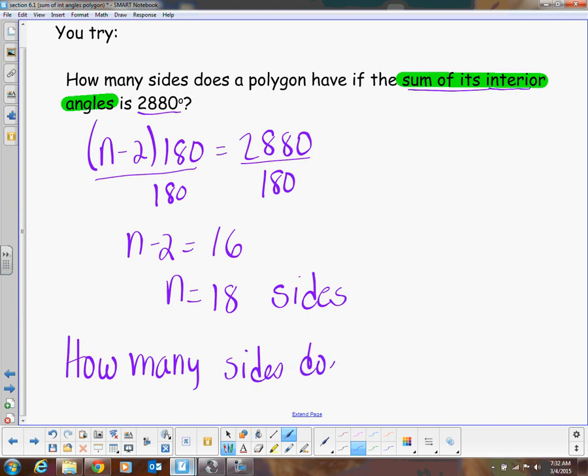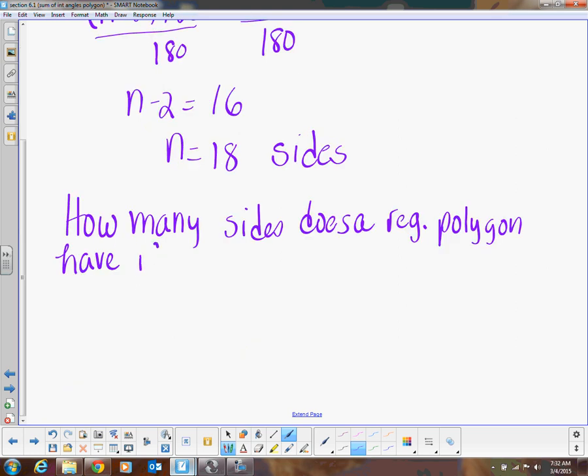Okay. What if I said, how many sides does a regular polygon have if its exterior angle measures 9 degrees?